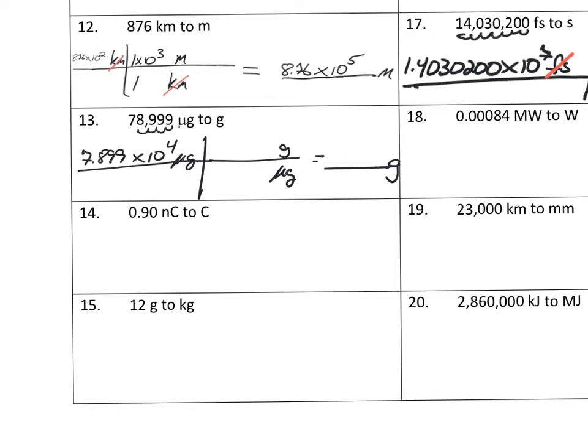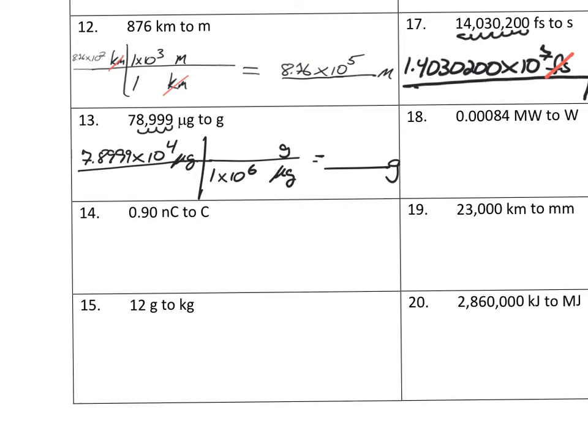How many micrograms in a gram, or how many grams in a microgram? There's 10 to the positive 6. I go 1 times 10 to the 6th micrograms in a gram.